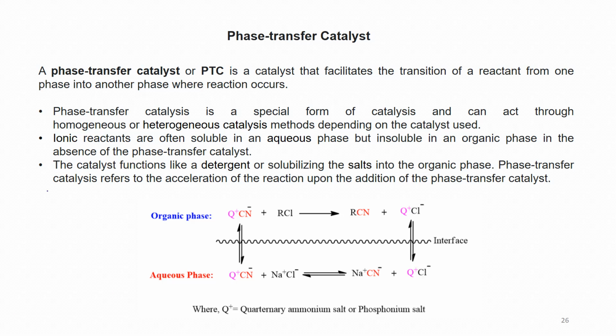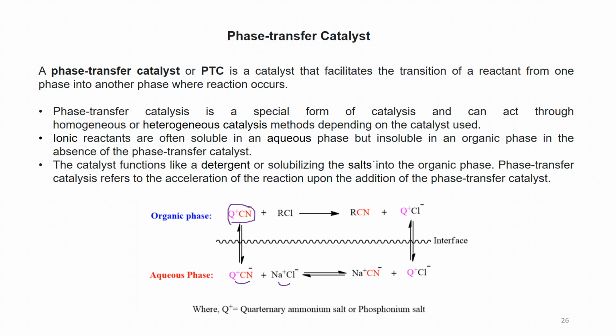So here you can see in this diagram what is happening. The quaternary ammonium salt is soluble in water, whereas the NaCl is also soluble in water.